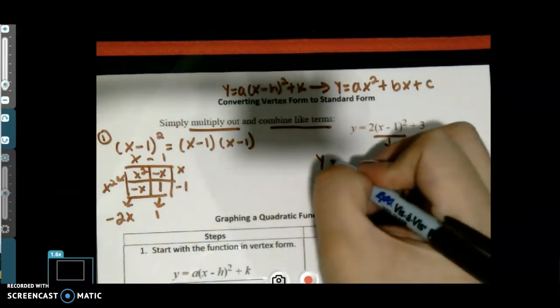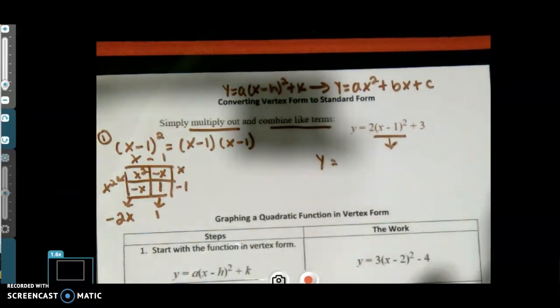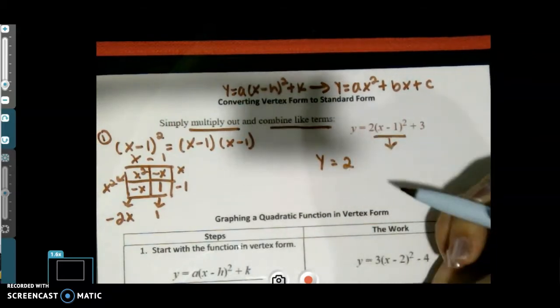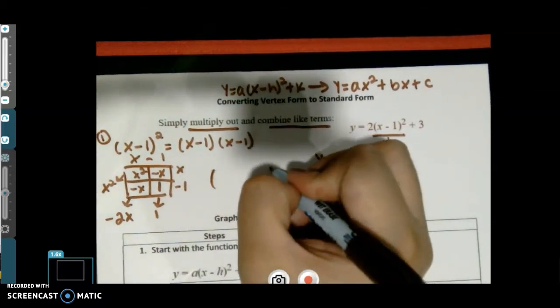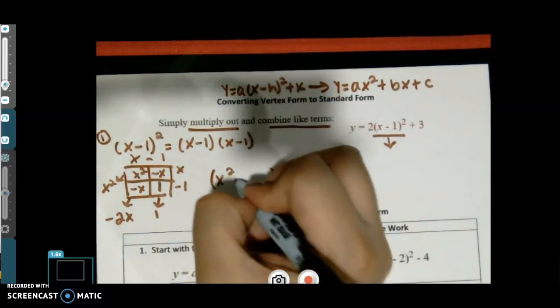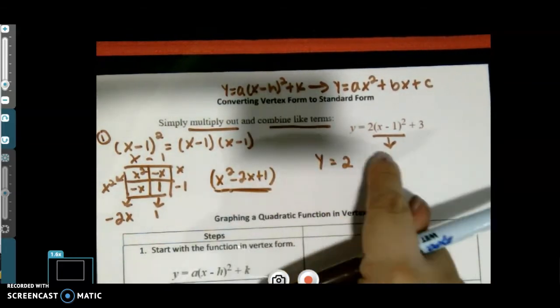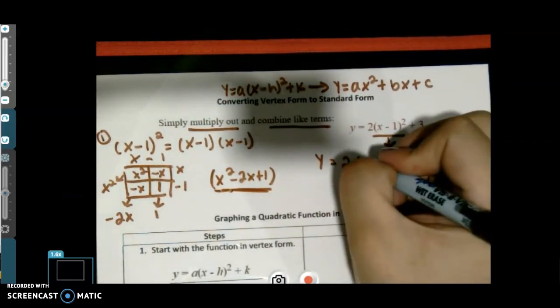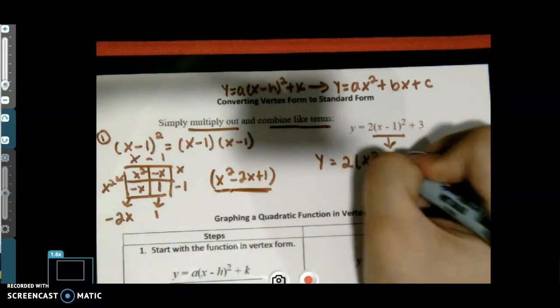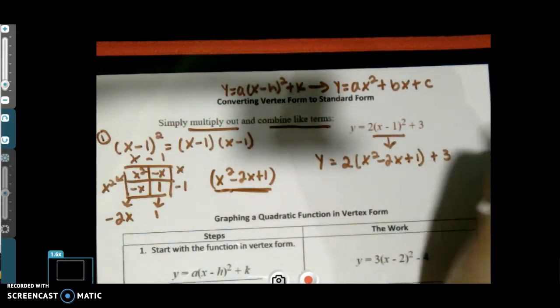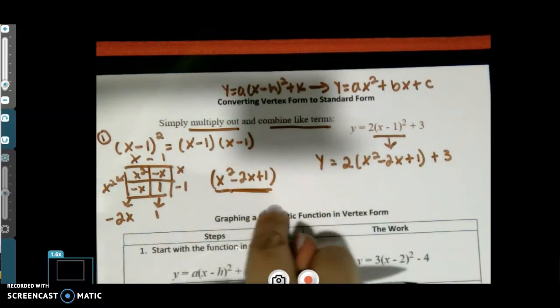So it's going to be y equals, so before I get there, when I'm saying substitute, you see this 2, right? So I got to write this in the parentheses here: x squared minus 2x plus 1. So I'm putting this into here. So it's going to be 2 parentheses x squared minus 2x plus 1. Then plus 3. Because remember, I just multiplied this out.